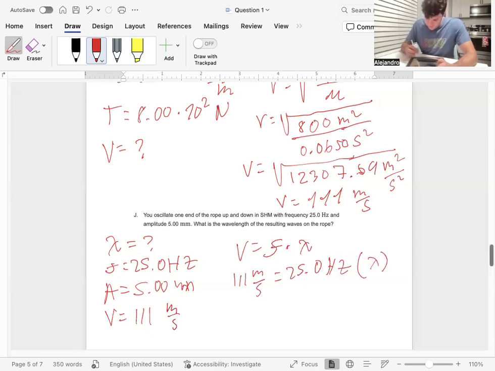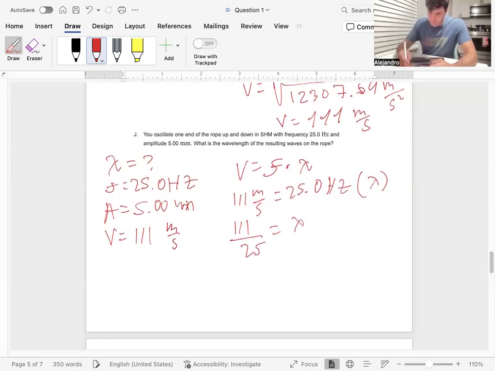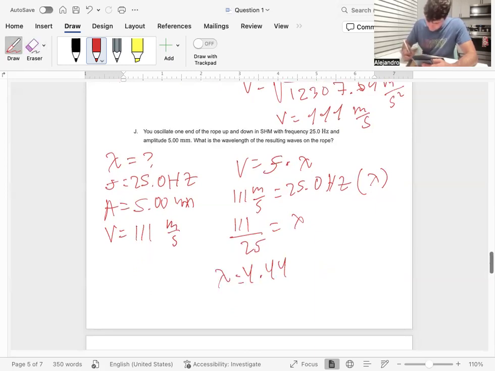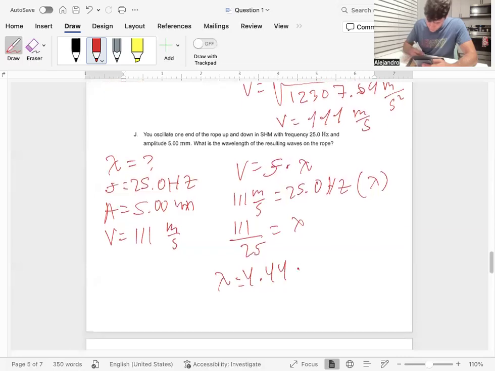We rearrange and get 4.44 roughly meters. Okay, that's the wavelength.